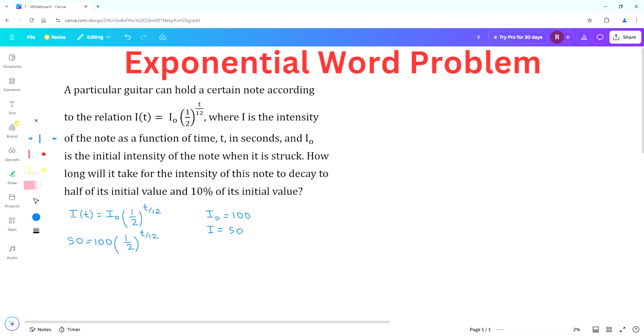We should get rid of the 100 on the right side of this equation by dividing both sides by 100. Fifty over 100 is equal to 0.5.